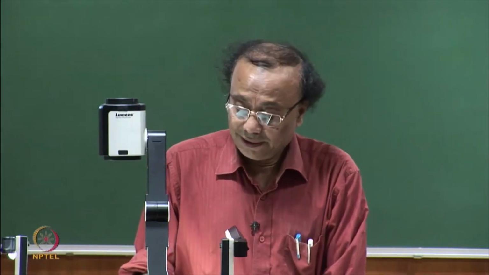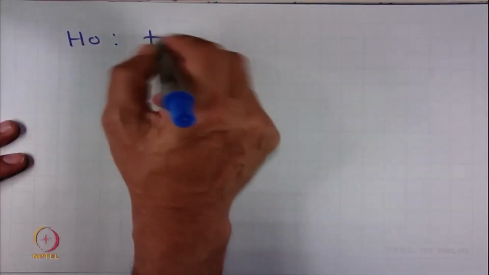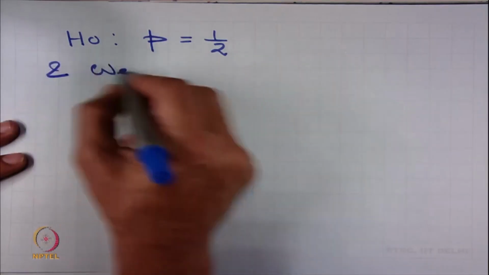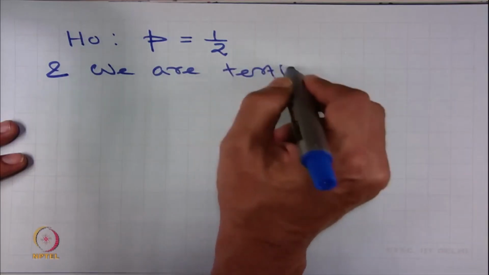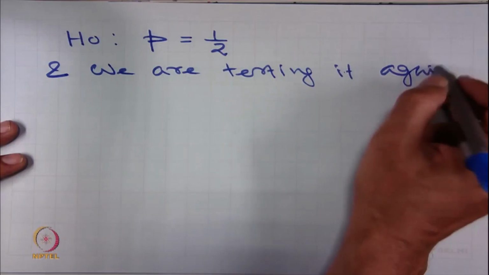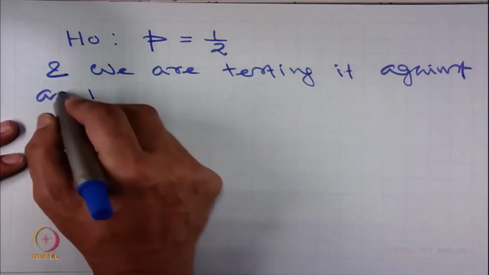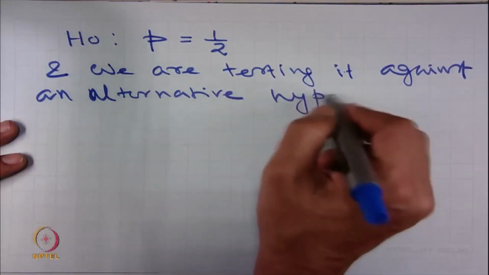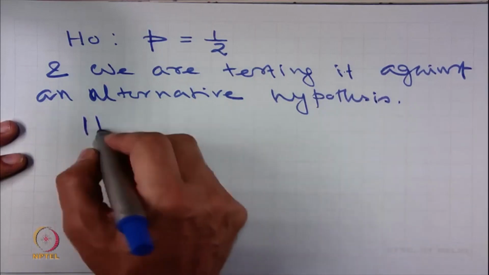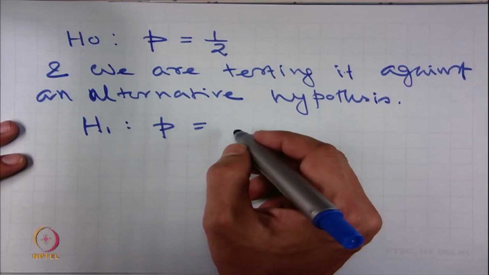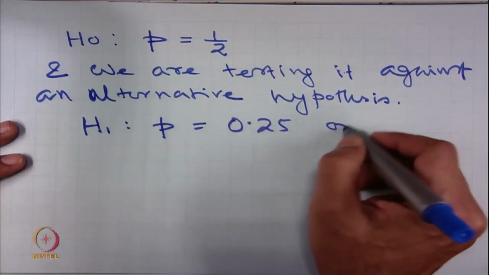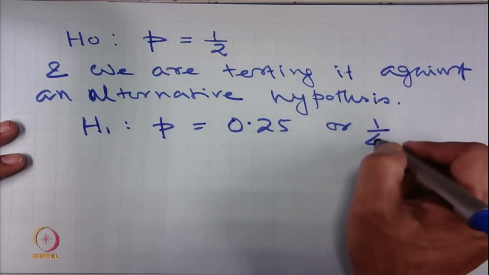So, if we look at a simple null hypothesis, then our H naught is p is equal to half, and we are testing it against an alternative hypothesis H 1, p is equal to, say, 0.25 or 1/4.